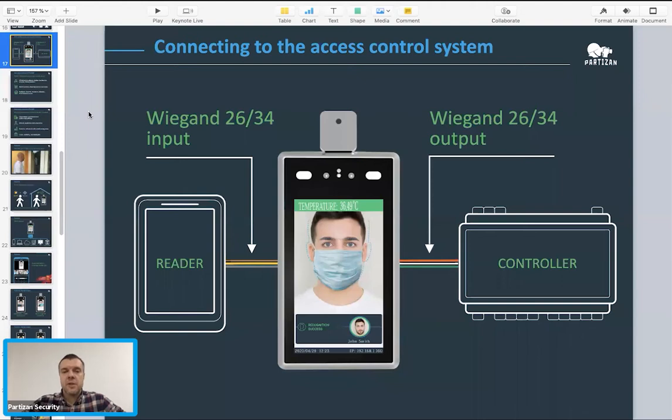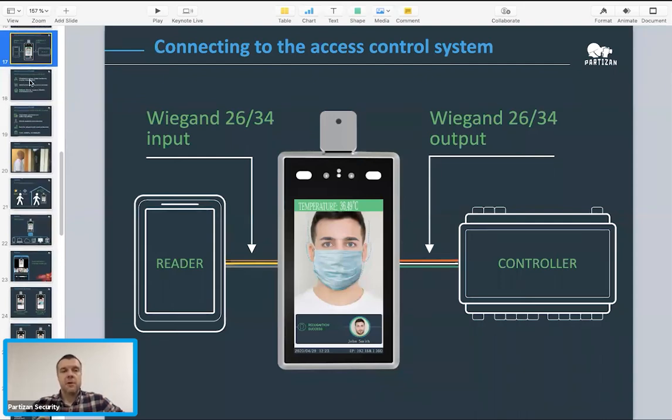It's not rocket science, and it's good to power up an existing access control system with this device, because like I said at the beginning, it will bring you more power, more knowledge, and additional value to your existing system. Either you can make it contactless just by face recognition, or you can use temperature measurement, to make sure that all the people coming in have a normal temperature and do not have a fever.